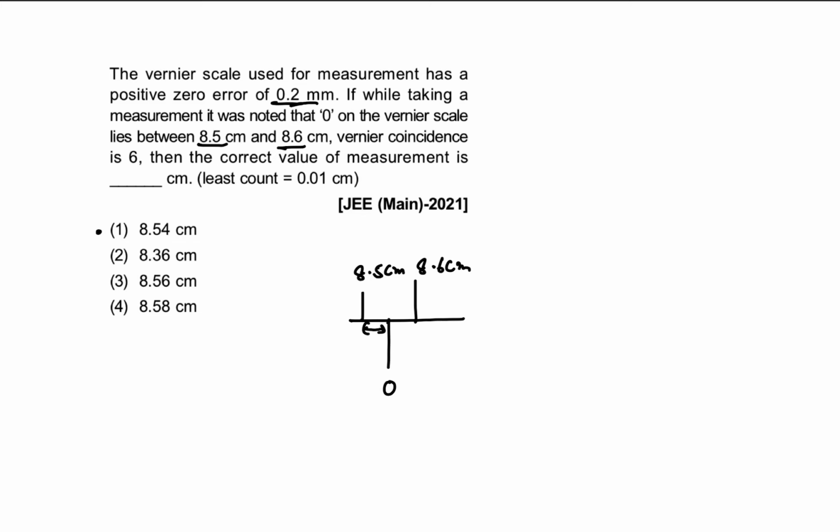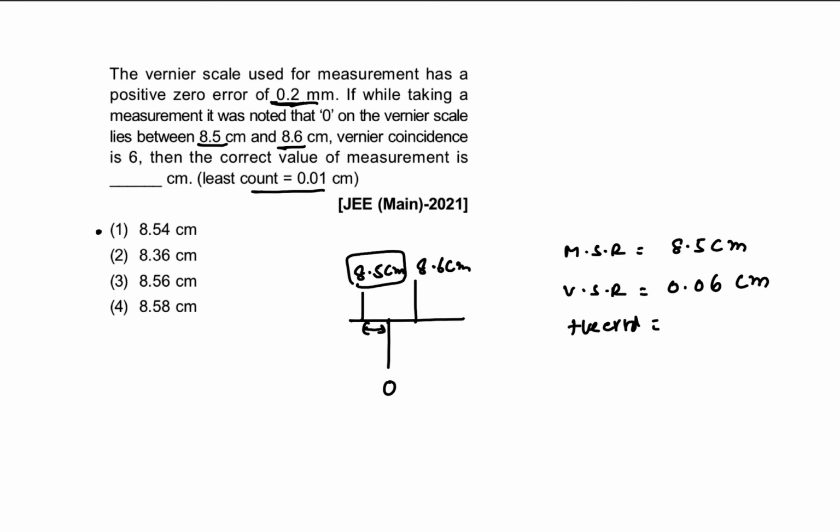So our reading is what here? 8.5 centimeters is what you have to take. Main scale reading is 8.5 centimeters. Next, the sixth division is coinciding. Sixth division is coinciding means what will we write? Least count they have already given. Vernier scale reading is 0.06 centimeters. Next, we can see the positive error is plus 0.02 centimeters.